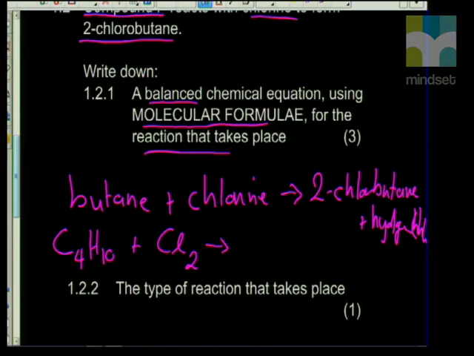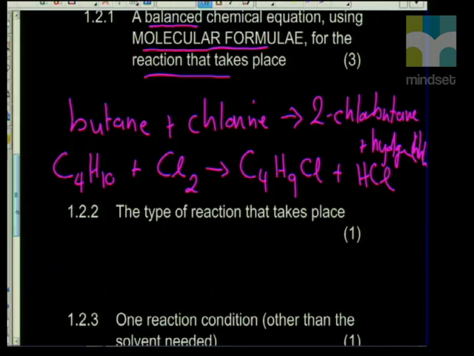Butane at certain temperatures may even be a liquid, might be bubbling chlorine through butane. And we're now going to make a substance where one of the chlorines exchanges positions with the hydrogen. So we're going to get C4, that stays the same, H9Cl, and we're left over with HCl, hydrogen chloride. So there's your balanced equation.